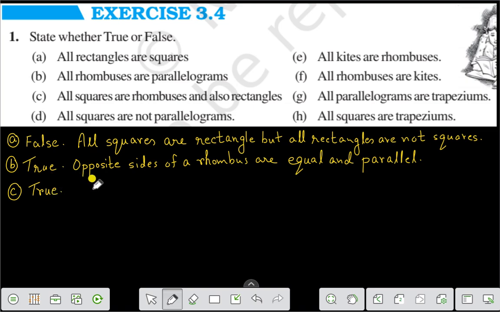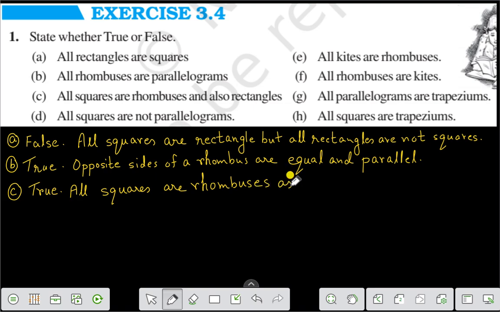All squares are rhombuses as all sides of a square are of equal length.